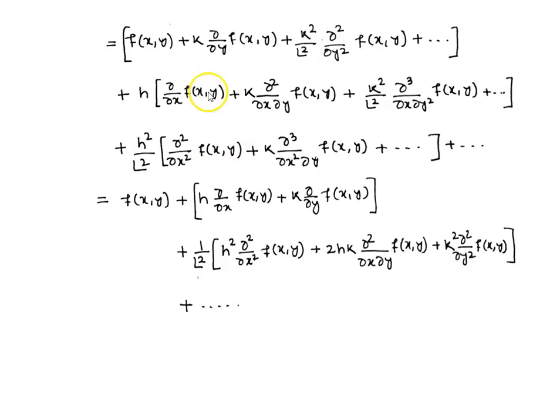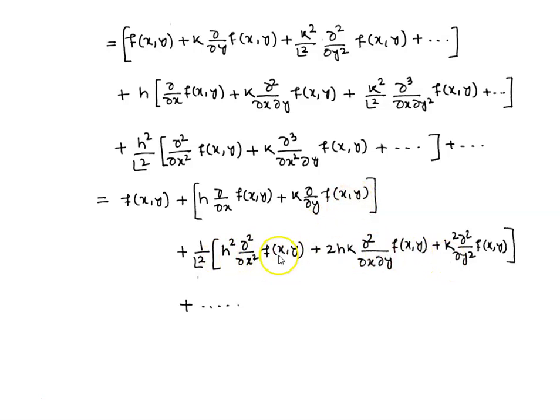Now, further simplifying this, we have taken f(x,y) as it is. Here h del by del x f(x,y) we have taken from the first term of the second line, h into del by del x of f(x,y). And from the second term of the first line we have taken k del by del y of f(x,y) here.